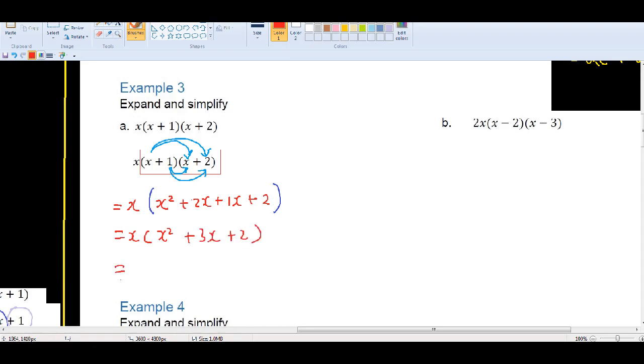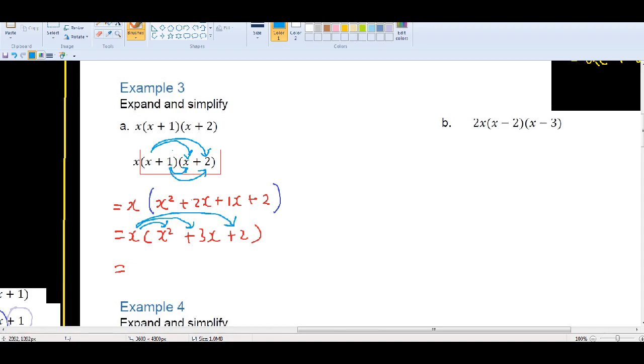Now you have 1 term outside and 3 terms inside. This will be the simplest one, called the law of distribution, because you have only 1 single term there.